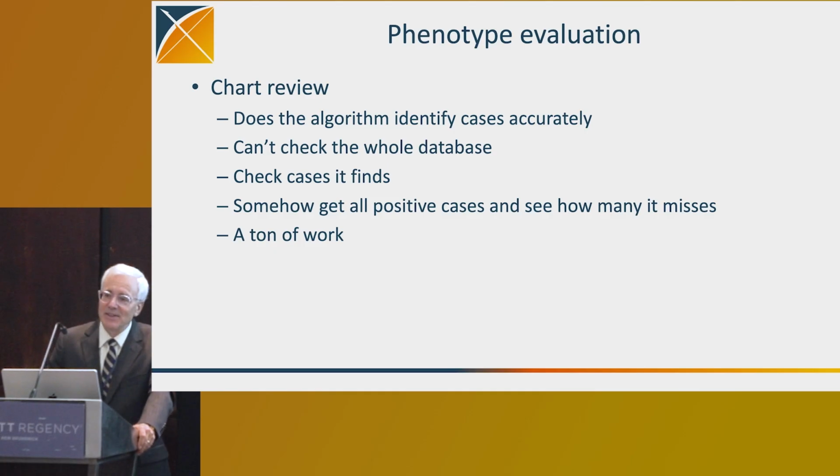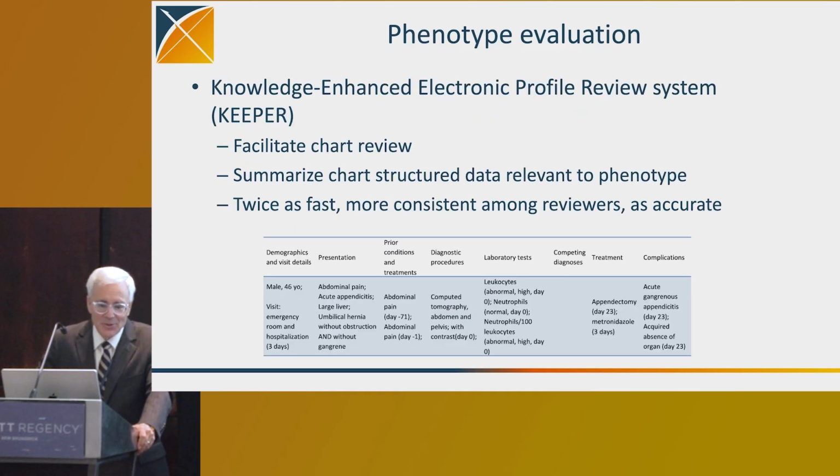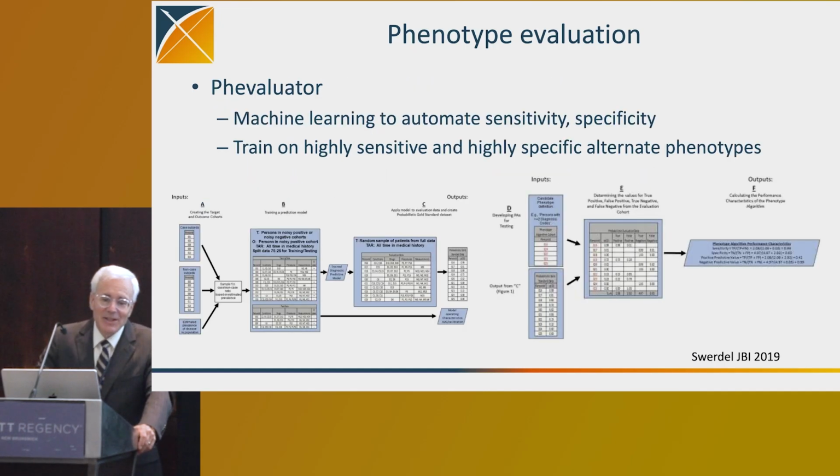So what can we do to facilitate that? Well, one thing we do is provide Keeper, knowledge-enhanced electronic profile review system, also by Anna Ostropolets, which uses summarized structured data to replace the chart review, which is twice as fast, increases consistency, and is just as accurate as doing the chart review for the phenotypes that she studied. And the other thing we can do is PheValuator, which uses machine learning on highly sensitive and highly specific alternative phenotypes.